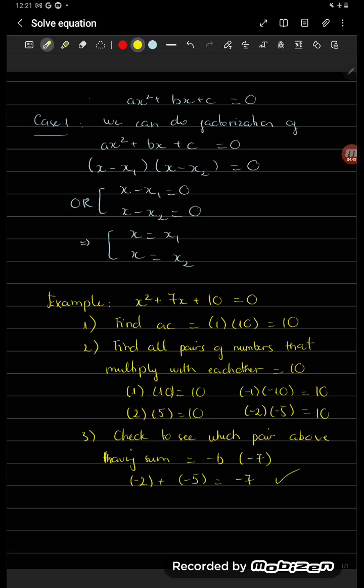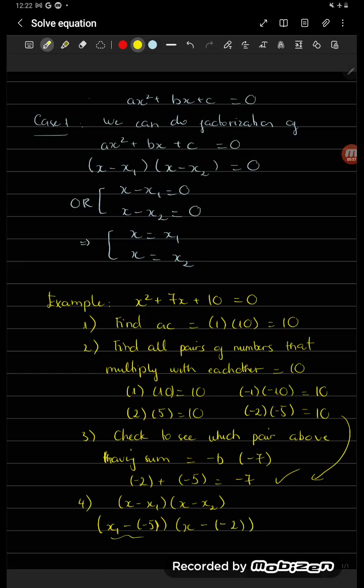So this one is from here, and for step 4, we just write it as (x subtract x1) times (x subtract x2). In this case x1 equals negative 5, so x subtract negative 5 times x subtract negative 2.